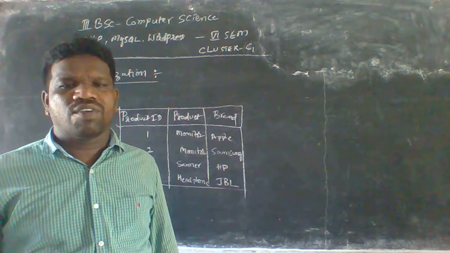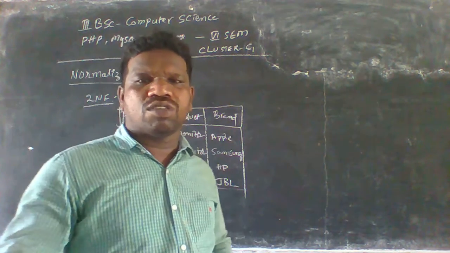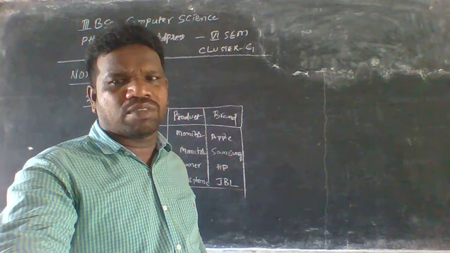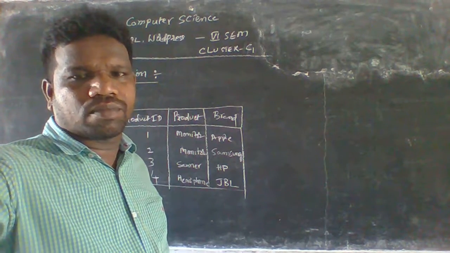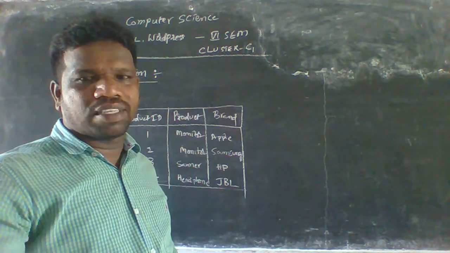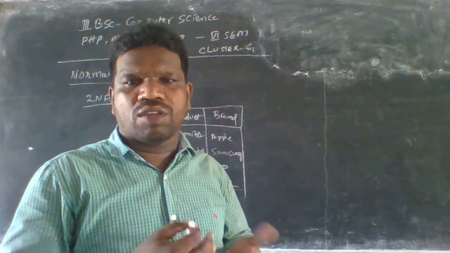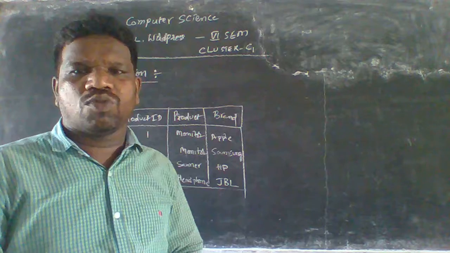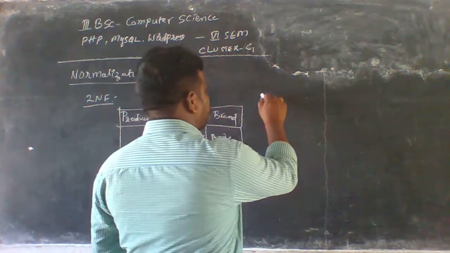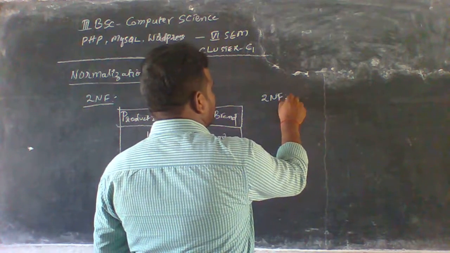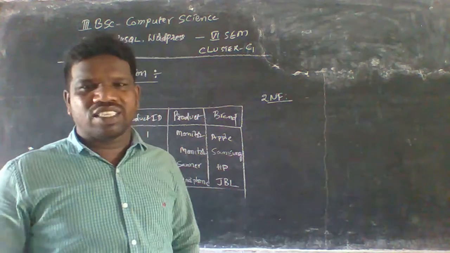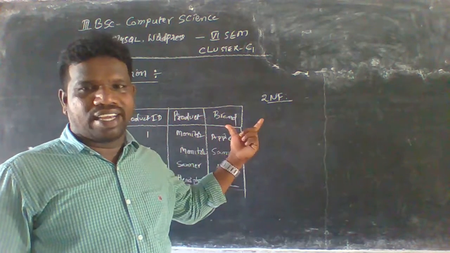That's why we take that table and it can be divided into two tables. Using this table we create the following 2NF: the product table contains only two fields, product ID and product.